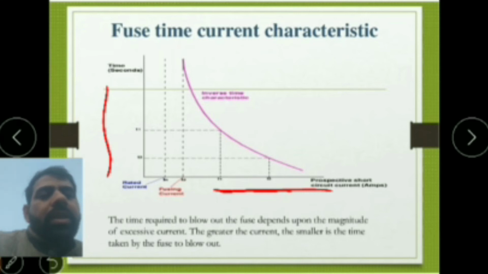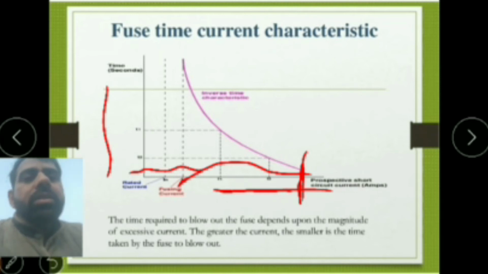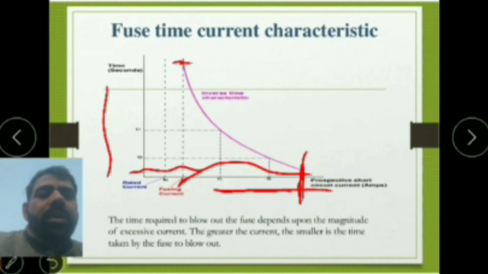Here is the maximum current and here the minimum time is required to blow out the fuse, whereas over here the current is less and the time taken is very high. So the time current characteristic totally depends on how rapidly the short circuit current is built up. The time taken will be very high for a small value of current, and when the current is very high, the time taken to blow out is very less.